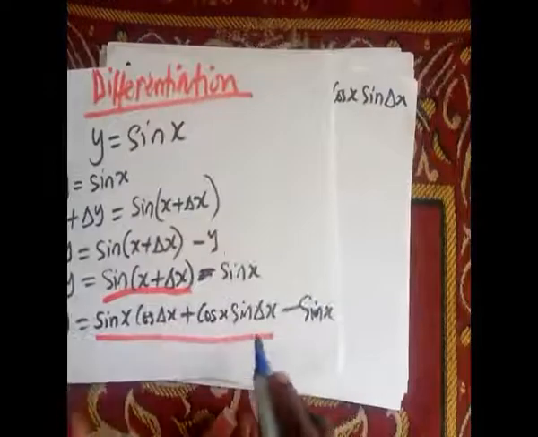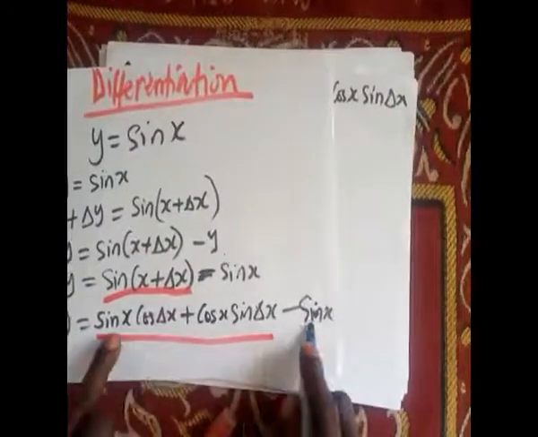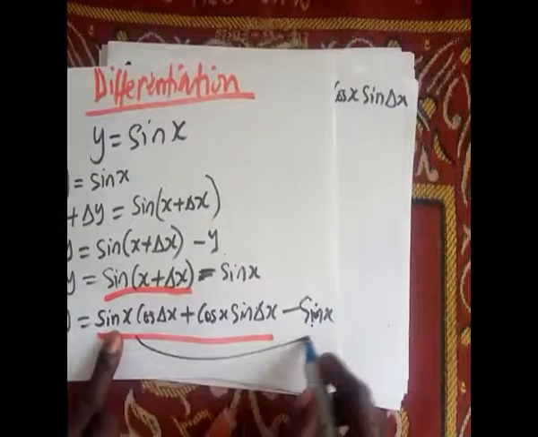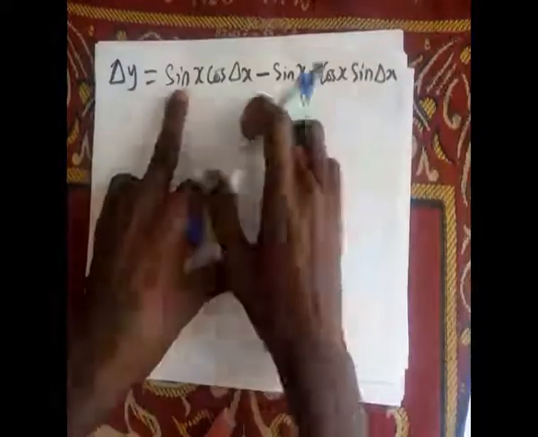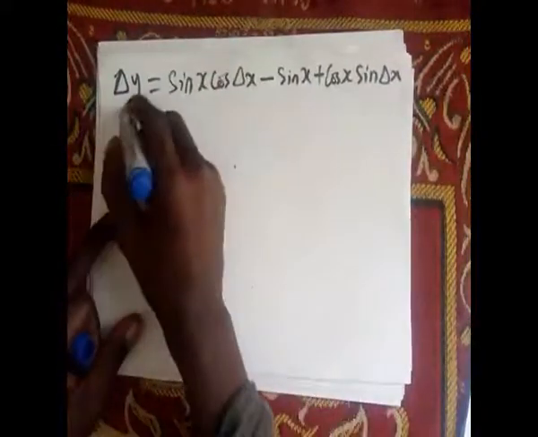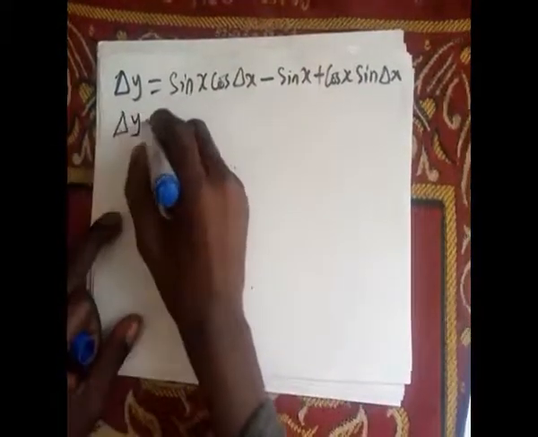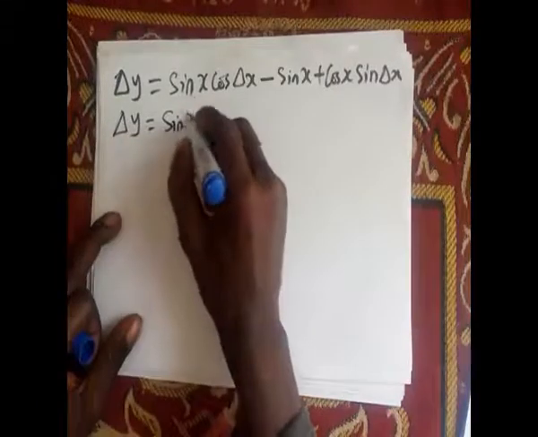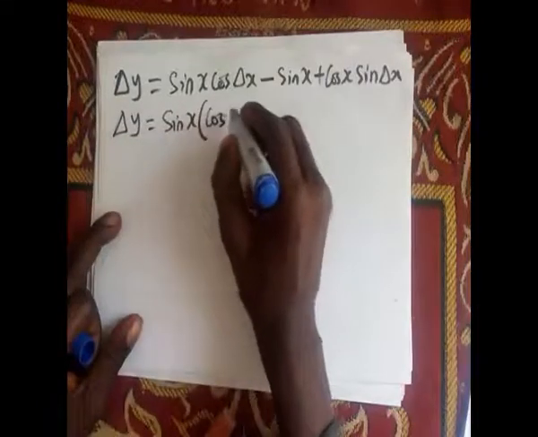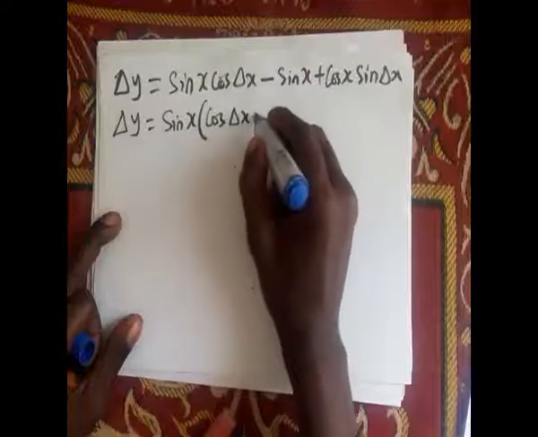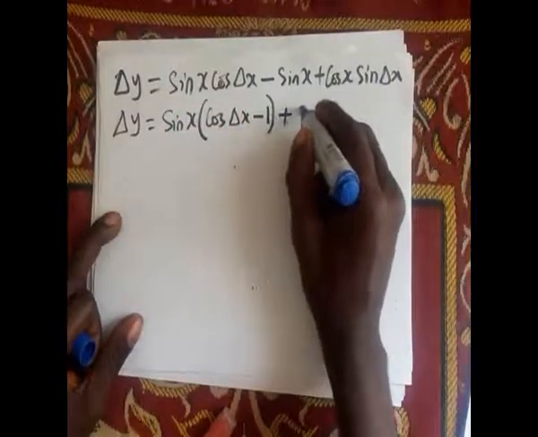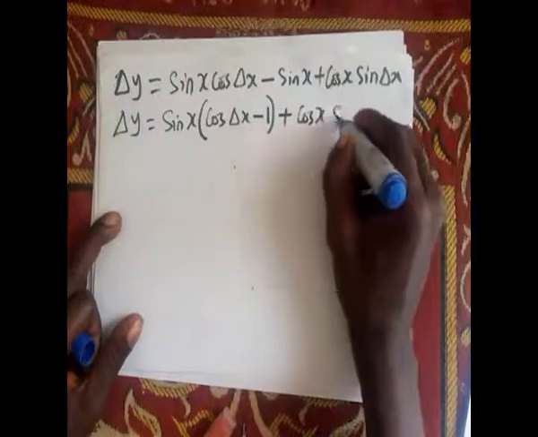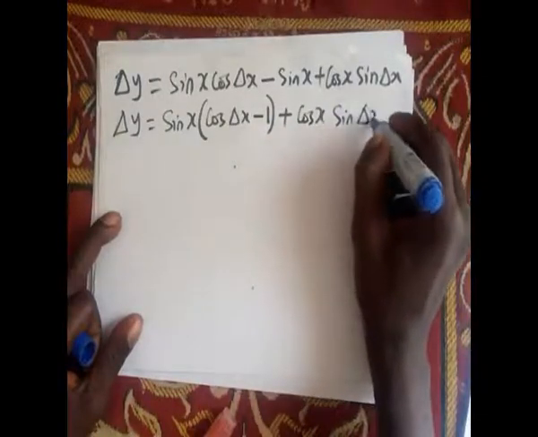The only thing we do here is bring these closer together, because both of them have sine x, so that we can factor. So we have delta y equals sine x into cos delta x minus 1, where we factor sine x in this part, plus cos x sine delta x.